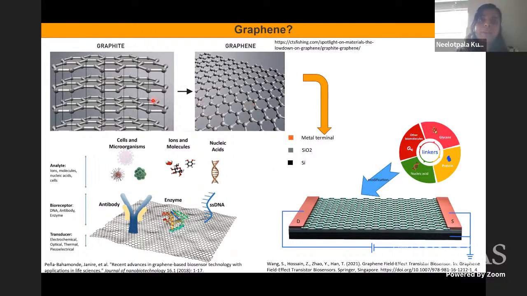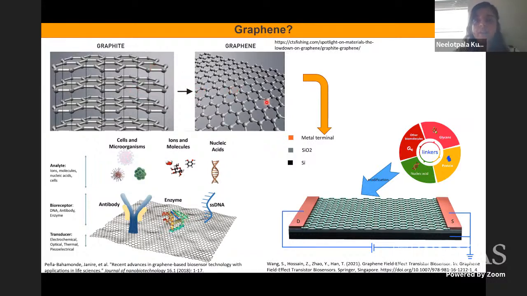Basically, graphene is just a single layer of carbon atoms arranged in a hexagonal structure. We may have studied in elementary school that graphite is basically single layers of carbon held together by van der Waals forces. And when you are able to isolate one of these layers, you get graphene.